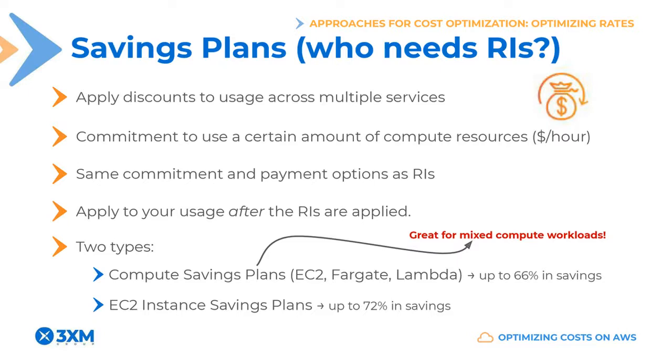Given that workloads are not always confined to a single region and certainly are not always purely EC2 based or purely serverless, but rather a combination of both, savings plans offer a great deal, right? So due to their greater flexibility, the savings potential of compute savings plans is a bit lower than that of EC2 instance savings plans, but they also incur lower risk, right? So you can get up to 66% in savings with compute savings plans.